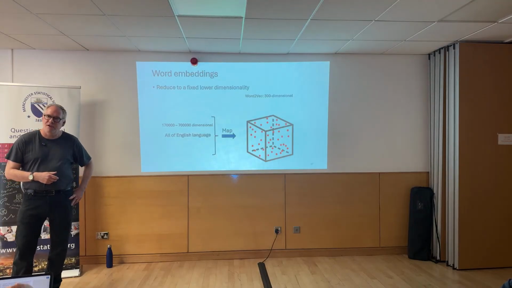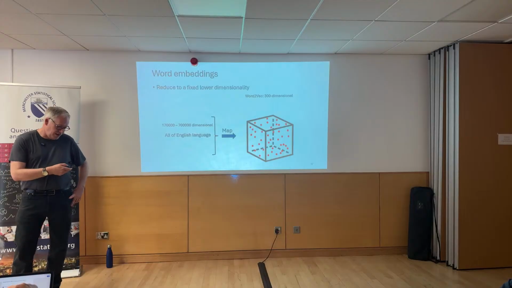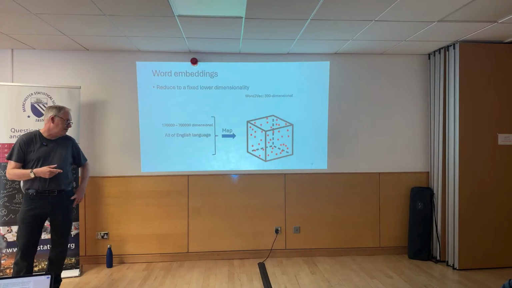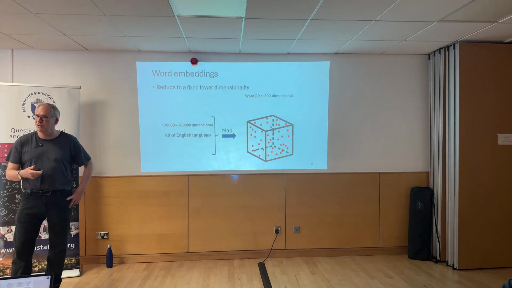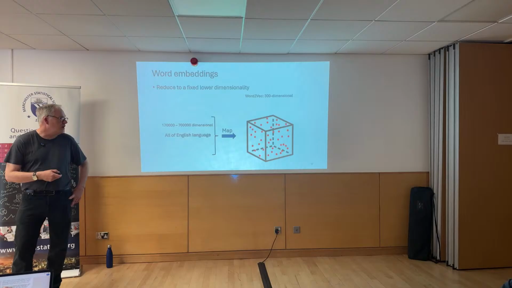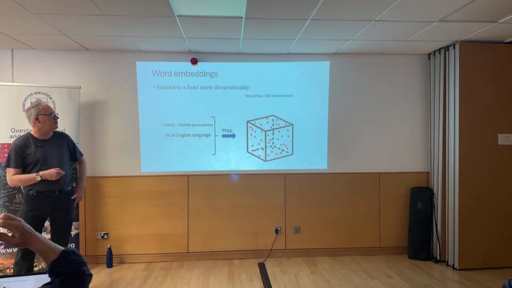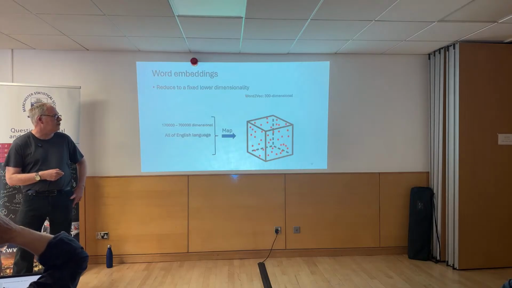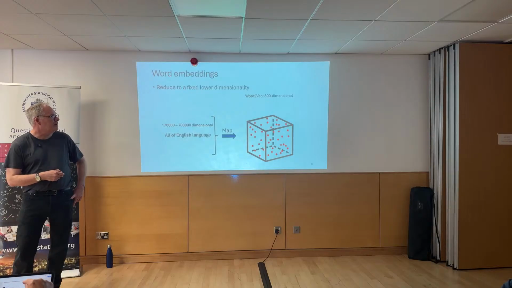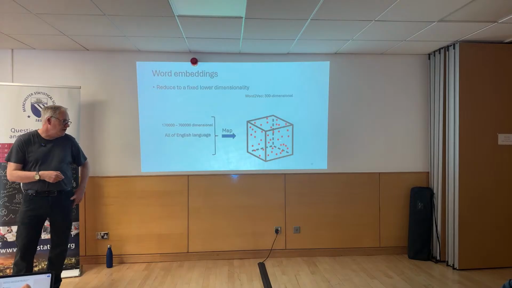Modern LLMs, when they work on the English language, don't tend to use all of the English language. They might use a vocabulary of 30 to 50,000 words. And one of the original early pieces of work in this field of word embeddings, a system called Word2Vec, mapped those English words down into a 300-dimensional system.